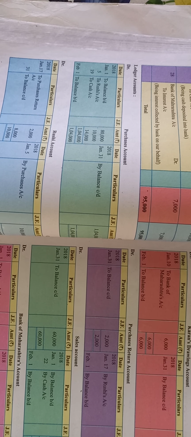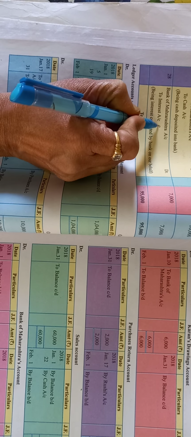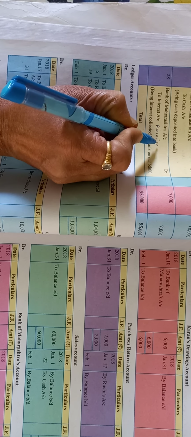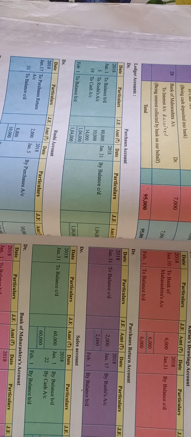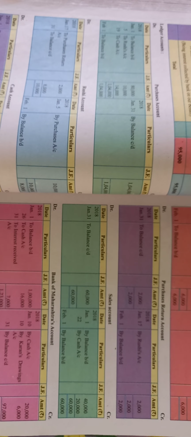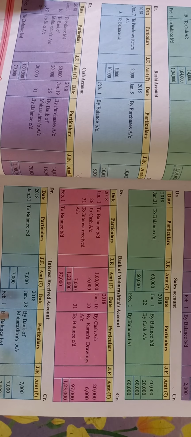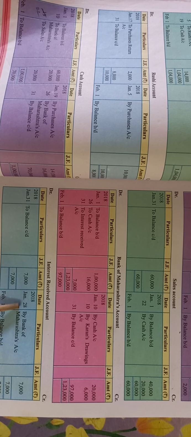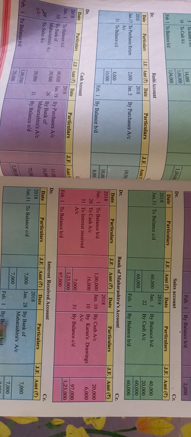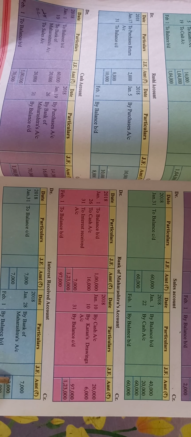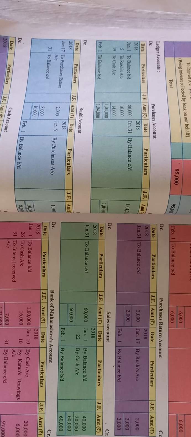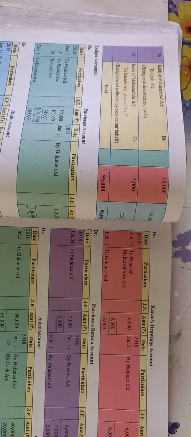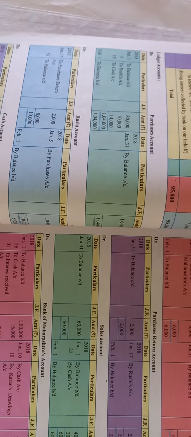See, this is interest, credit interest, that is interest received account. Okay, so interest received is on the credit side, that is why in interest received credit we are recording by January 28, 2018, by Bank of Maharashtra 7,000. Okay, so here all journal entries we are posting into different ledgers. Now the next step is to do the total.